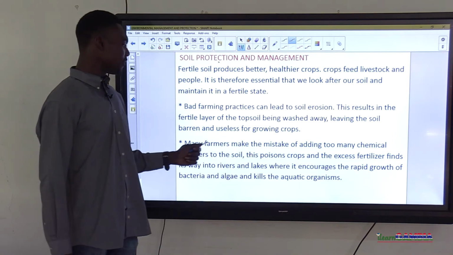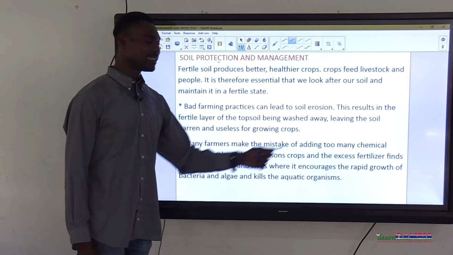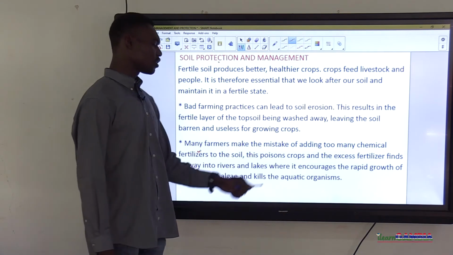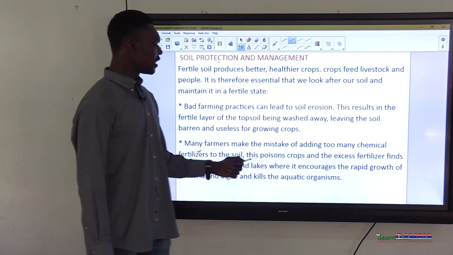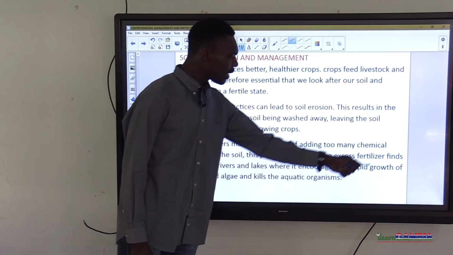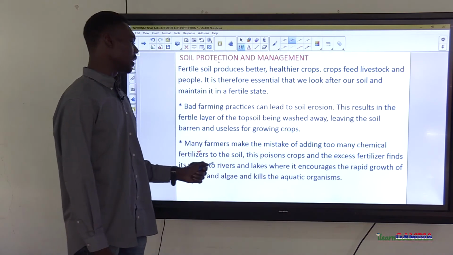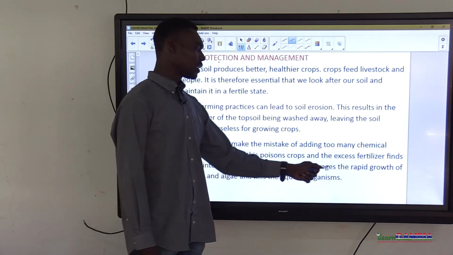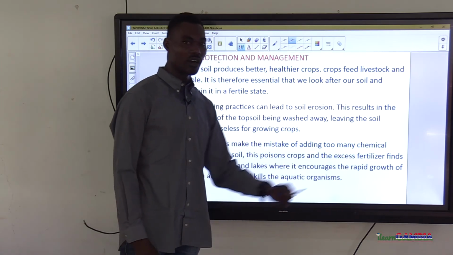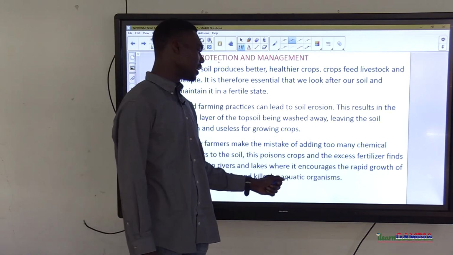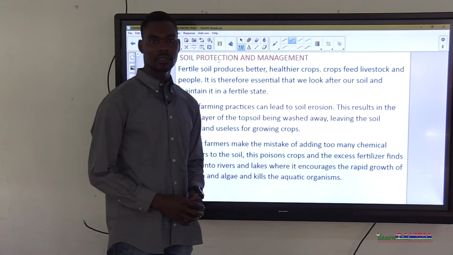This results in the fertile layer of the topsoil being washed away, leaving the soil barren and useless for growing crops. Many farmers make the mistake of adding too many chemical fertilizers to the soil. This poisons crops, and the excess fertilizer finds its way into rivers and lakes, where it encourages the rapid growth of bacteria and algae and kills the aquatic organisms.